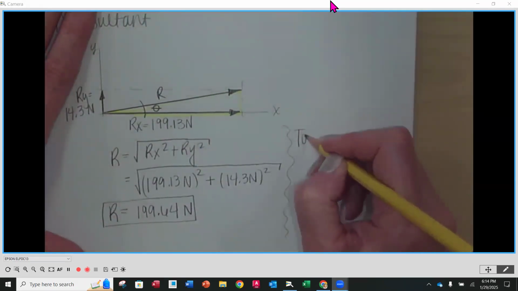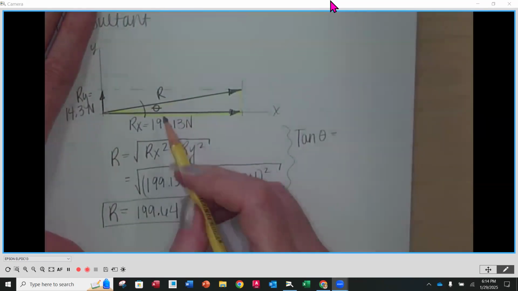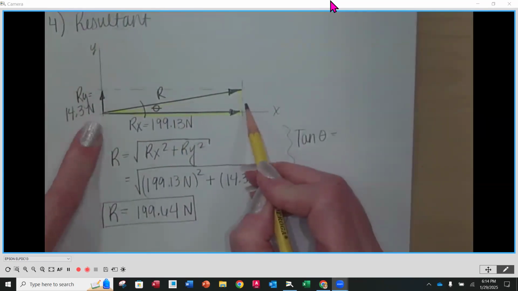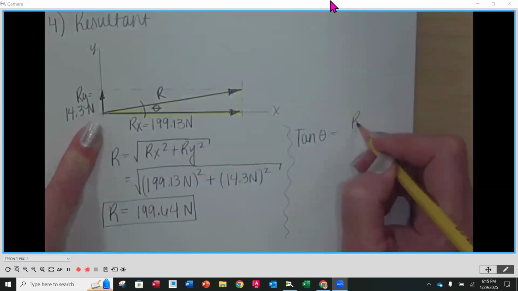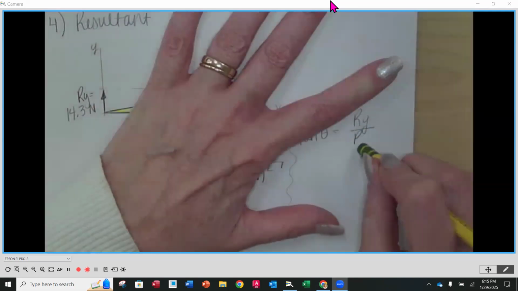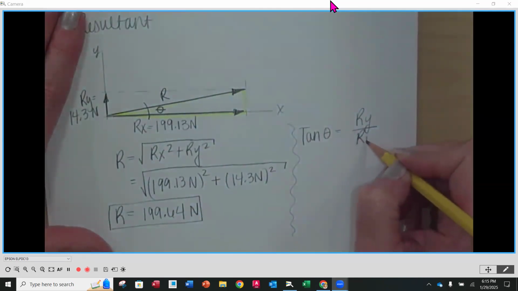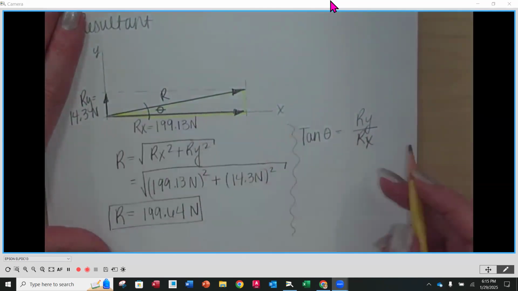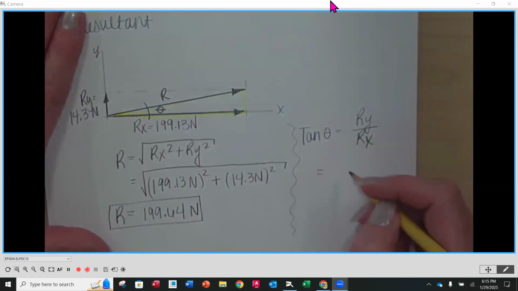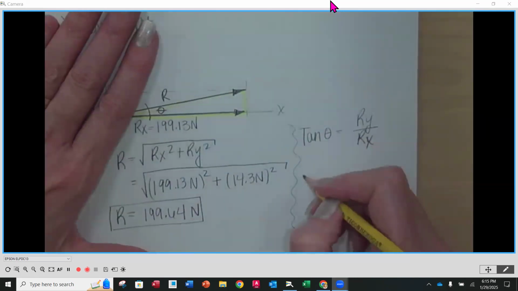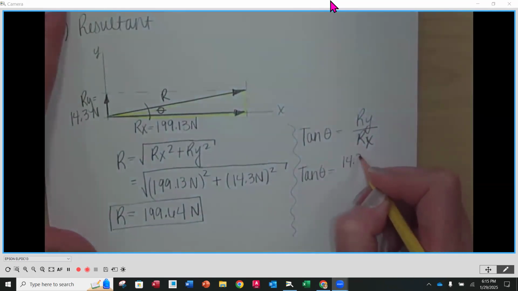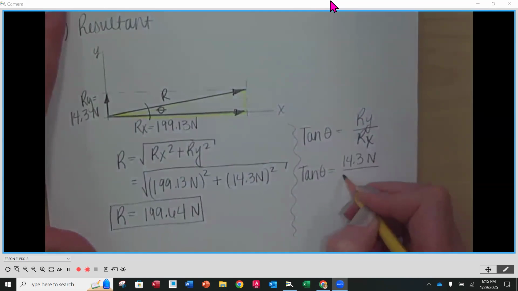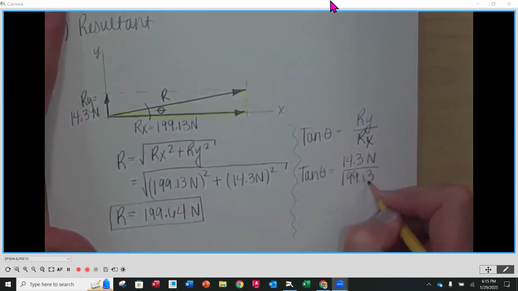So I'm going to say tan theta is going to be equal to the side opposite, which would be my Ry. Ry is not out here. It's on the y-axis. Ry divided by Rx, the side adjacent. So that means that our tan theta is going to be equal to 14.3 newtons divided by 199.13 newtons.